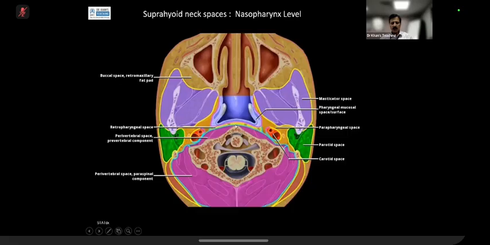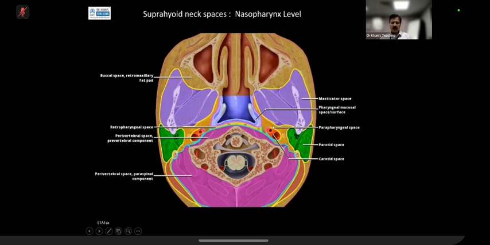And posterior to that is the perivertebral space, and this is the prevertebral component of the perivertebral space. So this is an overview, and we are going to learn it once again shortly. The key point to remember is the location of the parapharyngeal space.